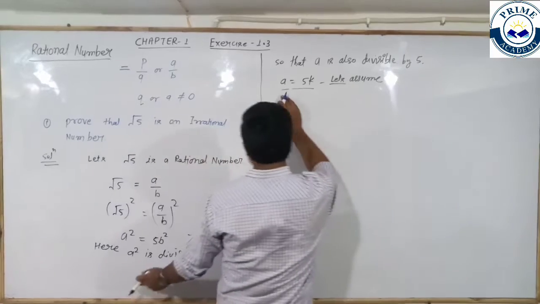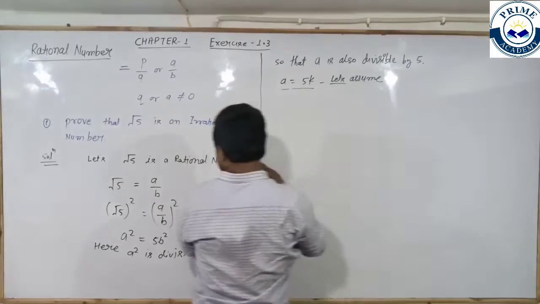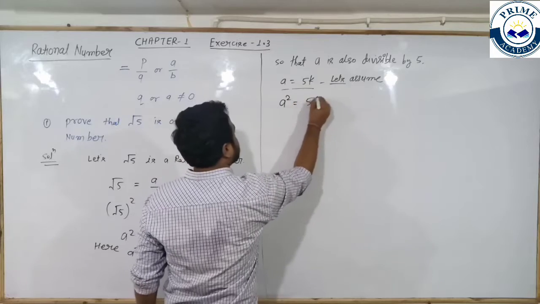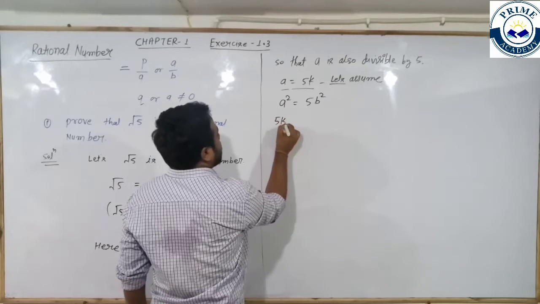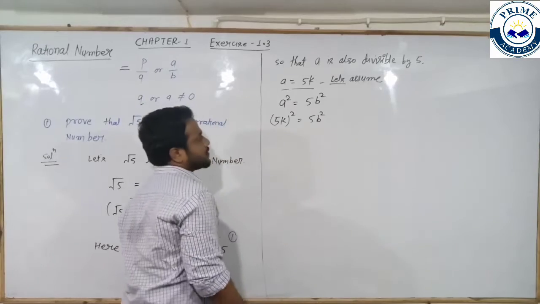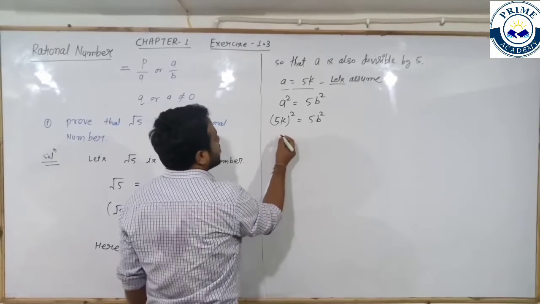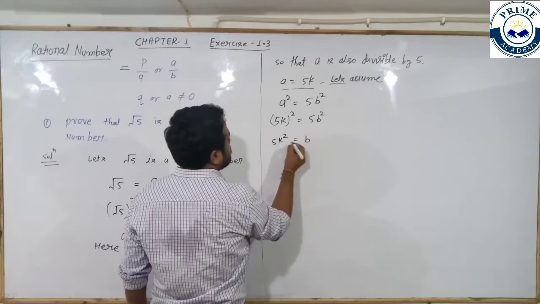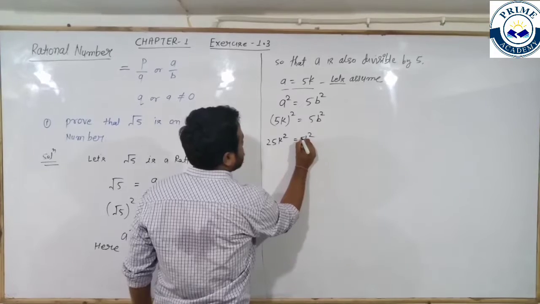I am replacing this a in this equation number 1. So here we go. 5k whole square equals 5b square, right? So what you will get? You will get 25k square equals 5b square, right?